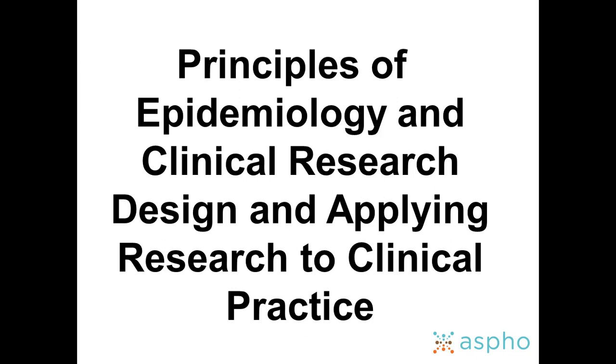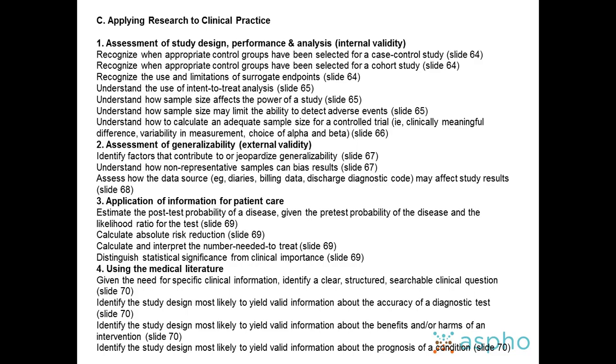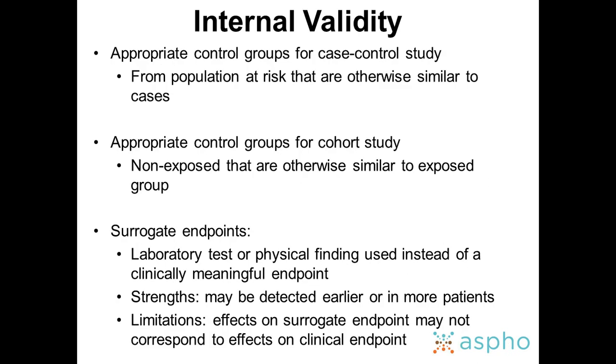So here is the last section. The last section is actually very repetitive of what we talked about earlier. It brings just a different lens in specific items, so we'll go through this quite quickly. So that's the overview slide for the board's objectives. So we've talked already a lot about internal validity, so the extent to which your trial results are true.